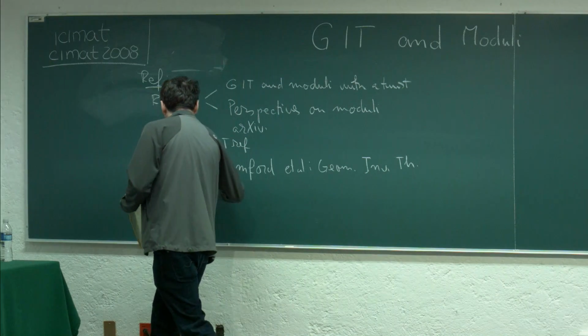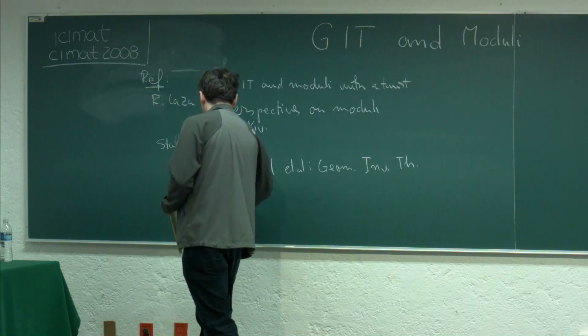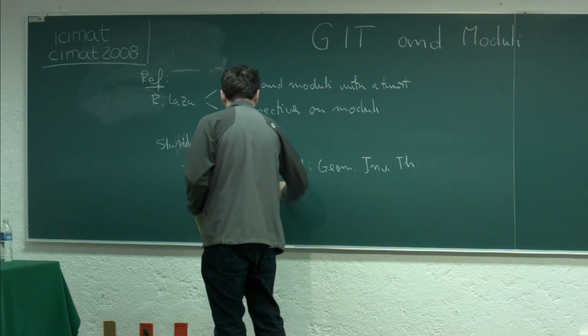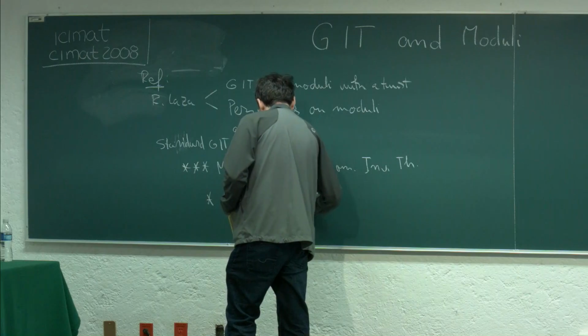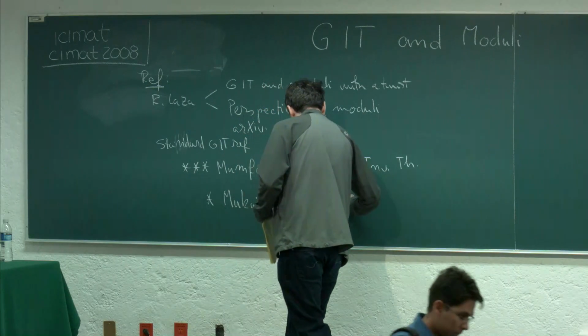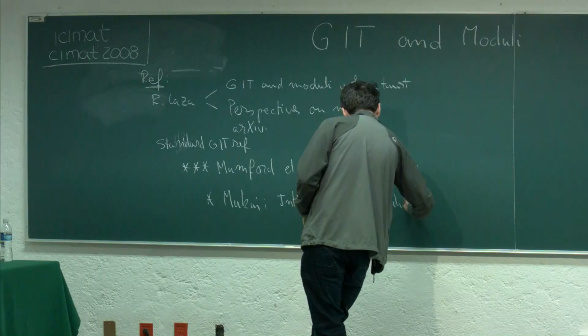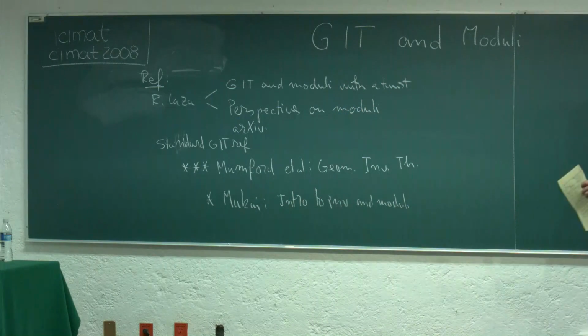And then a book that I like a lot is Mukai, Introduction to Invariants and Moduli or something. There are, of course, many others, but for the purpose of what we are doing here, it's enough.